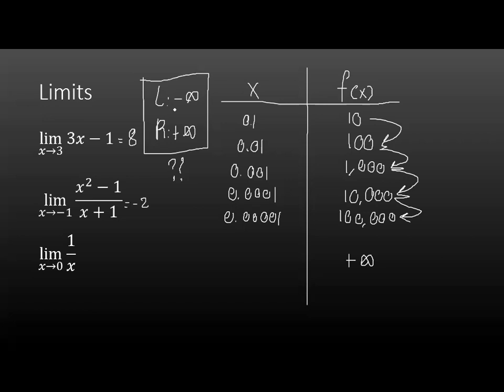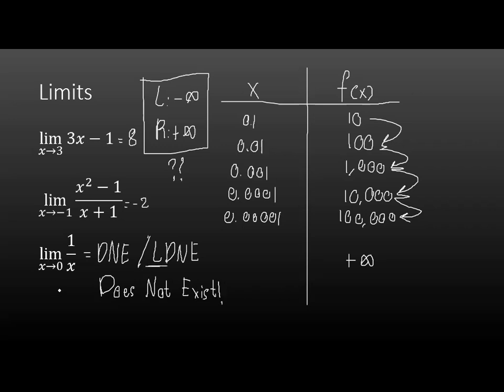So, what are we going to do if the left and the right are not the same? The answer would be DNE. Or it could be LDNE. What does that mean? It means that your limit does not exist. Okay?